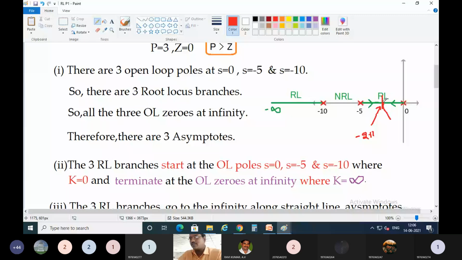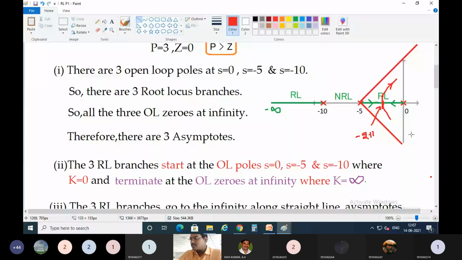We draw the angle of asymptote like this: 60 degrees, similarly on this side 300, and 180 degrees already drawn. This angle of asymptote shows the direction of the root locus.